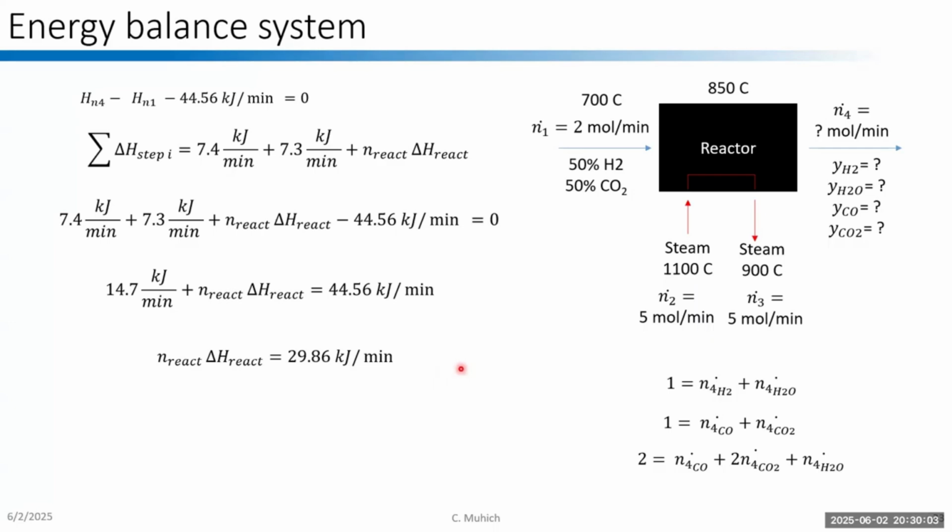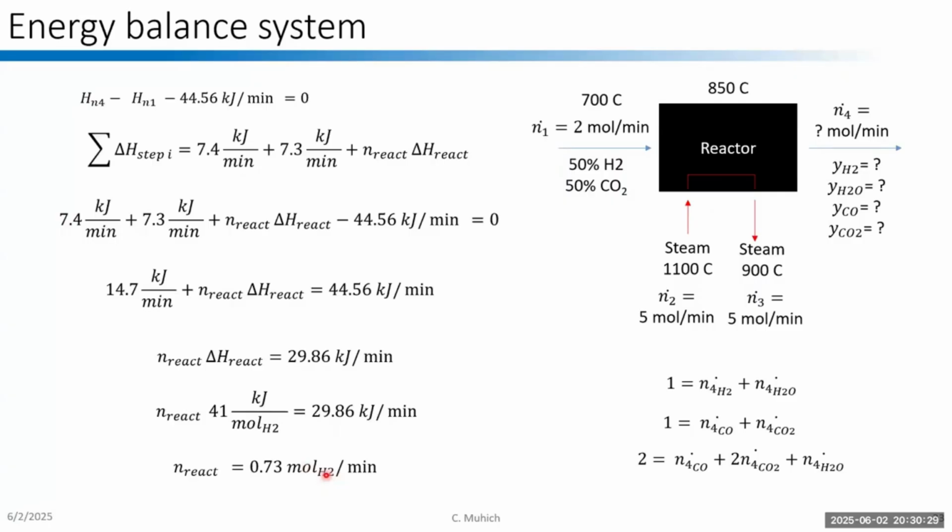Now, if you remember the problem statement, we actually already know what delta H react is. We were told that delta H react is 41 kilojoules per mole of H2 that reacted. So when I do that algebra, we know that 0.73 moles of H2 react per minute.